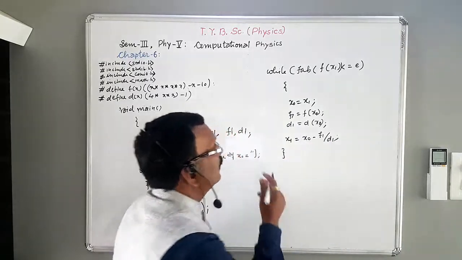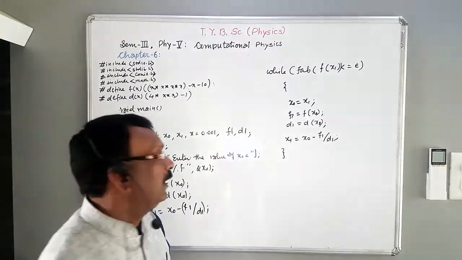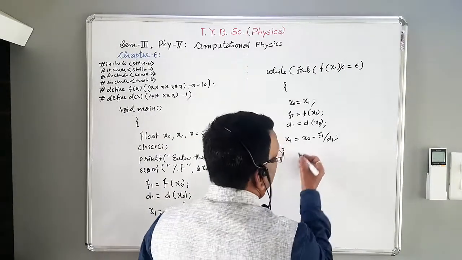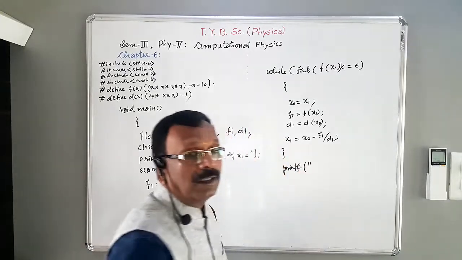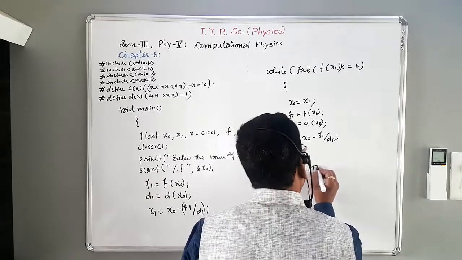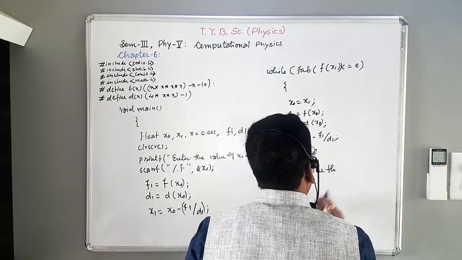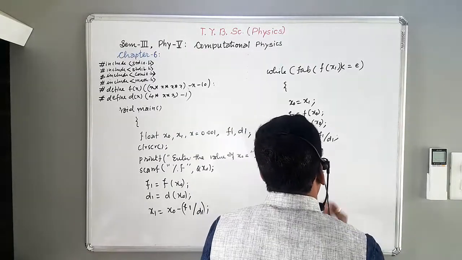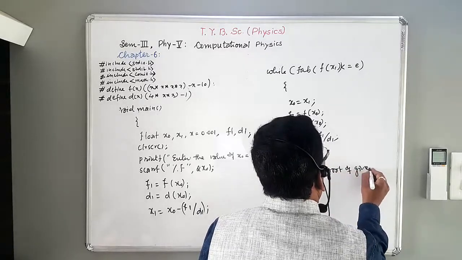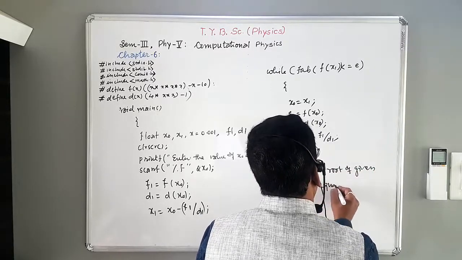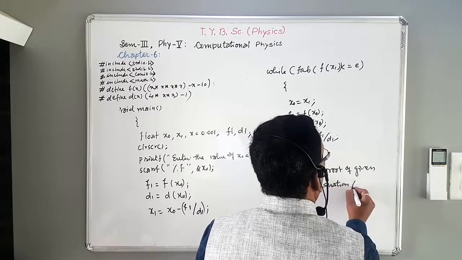And in this way this while loop is completed, and after the completion of iteration print the result, the root of given equation, which is also floating type.